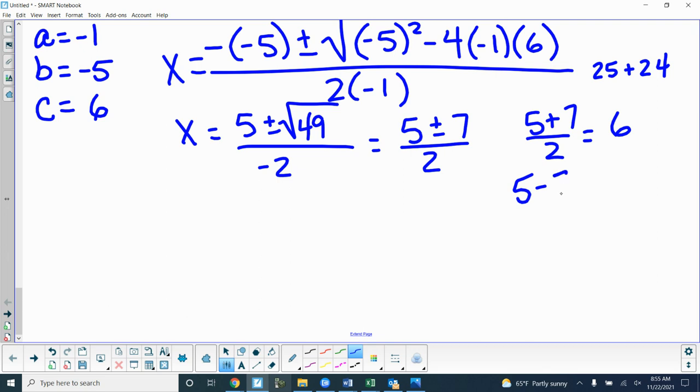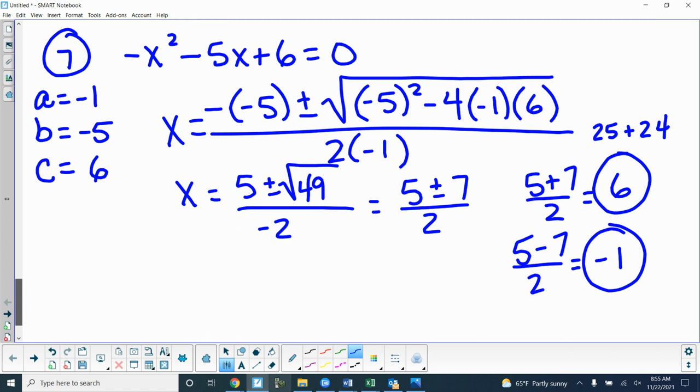And then 5 minus 7, negative 2 divided by 2, negative 1. So that came out to 2 nice whole numbers, or integers, I guess, not whole numbers. Okay? We should go all the way when that happens, when our radical is a perfect square.